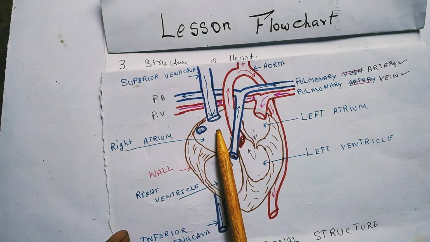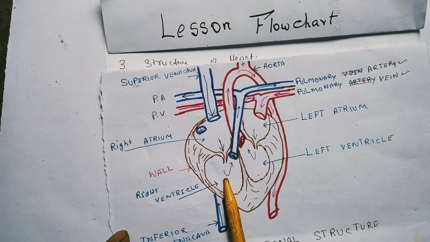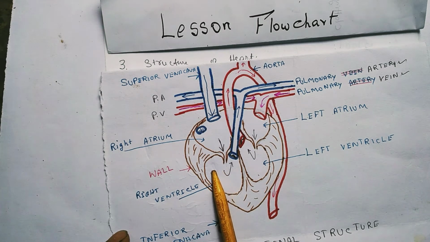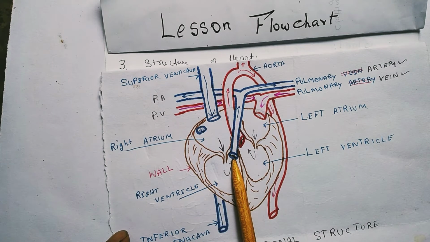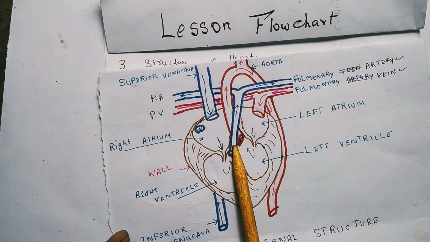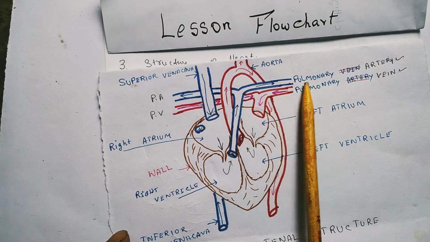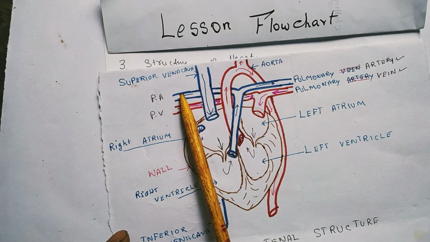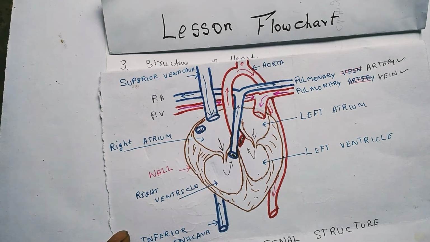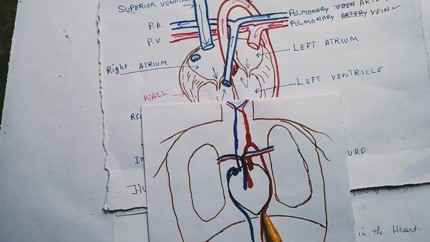Once the blood reaches the right atrium, it flows into the right ventricle. Once the blood reaches this ventricle, it is pumped so that it enters these blood vessels, and one goes to the left lung and another to the right lung, like here.